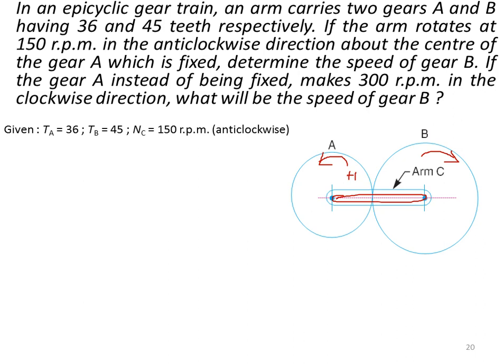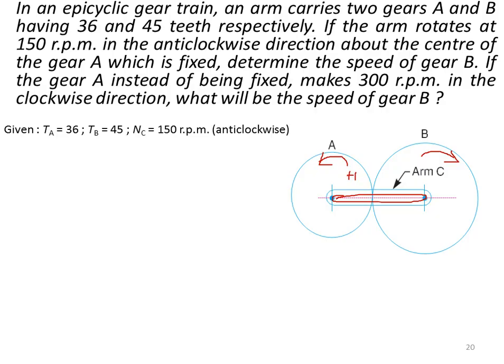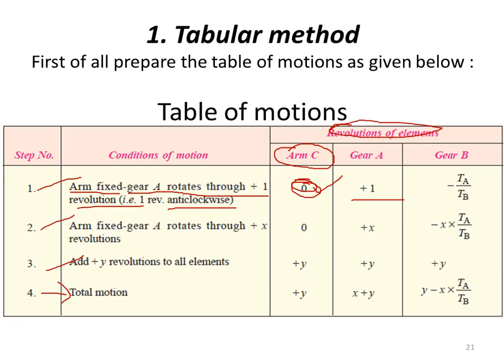Now how to take this ratio? It is coming from A to B. So you have to take the ratio in the form of TA by TB. If you want to get the revolution of element B, it is from A to B, so it is nothing but the value of TA by TB. This minus is because of the opposite direction compared to gear A. Gear A is +1, so gear B will be minus, so minus TA by TB.